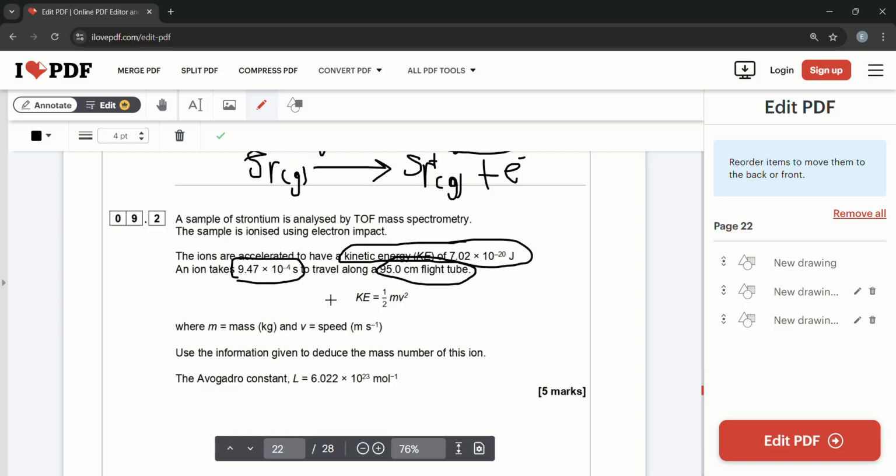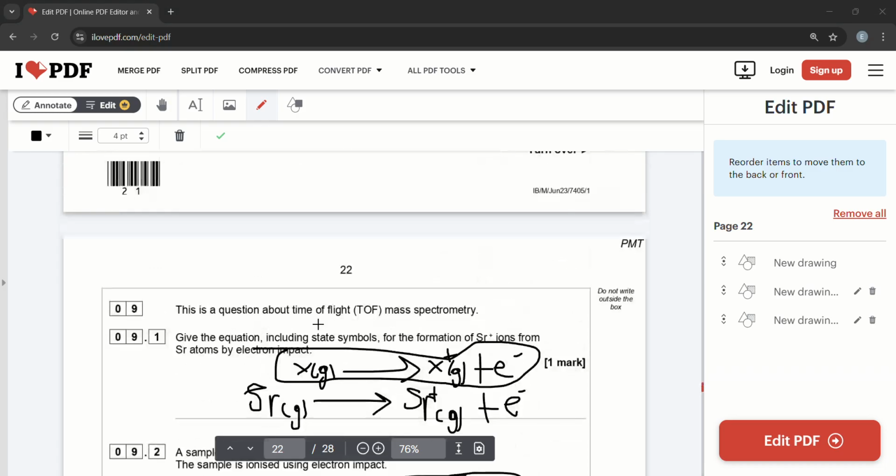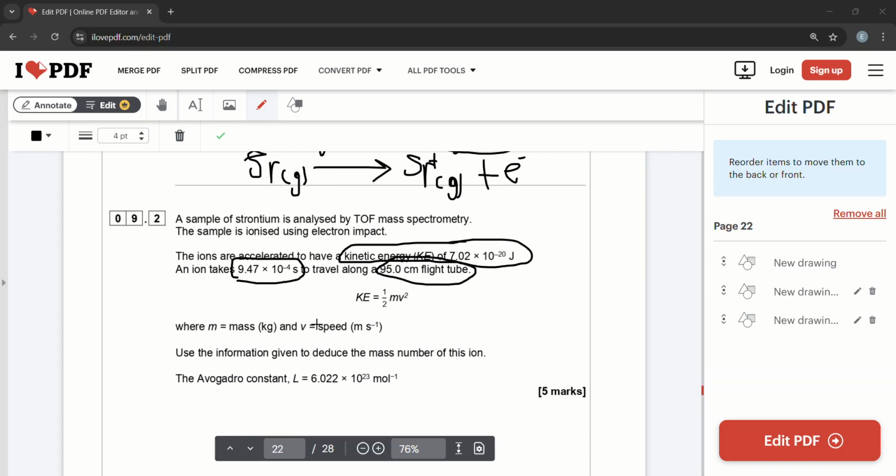Deduce the mass number of this ion. That's all we're given. Well, what can we do?